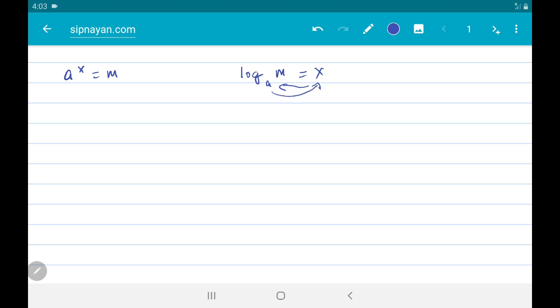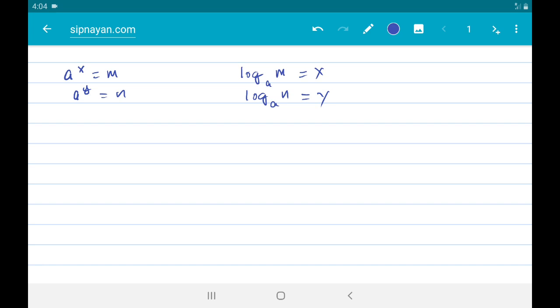Now, if we have another equation, a raised to y equals n, this becomes logarithm of n to the base a equals y. Malinaw yan, kasi napag-aralan na natin yan sa mga previous videos at marami na kayong practice exercises.